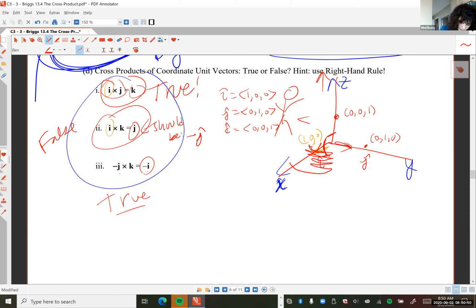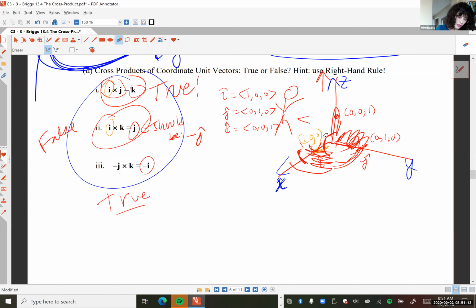They first sweep through the i hat, and then they swing around to go through the j hat. So I'm curling my fingers over here. And then when I finally close my fist, but don't make a fist because you want your thumb to be pointing somewhere.